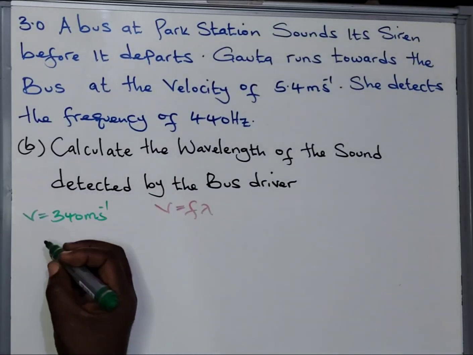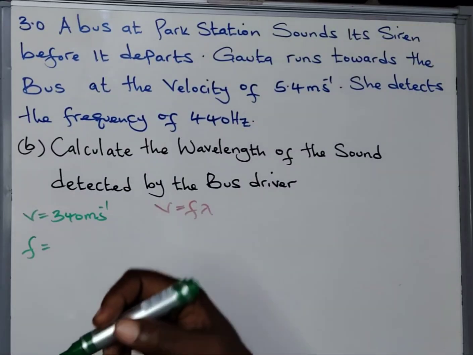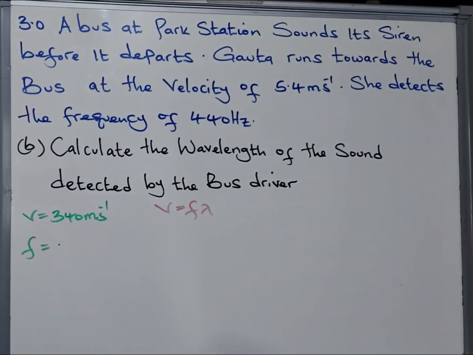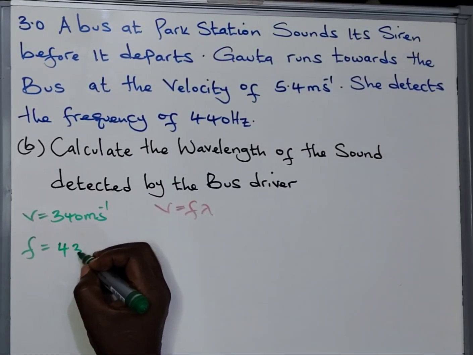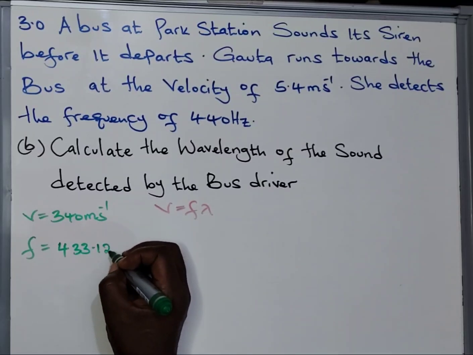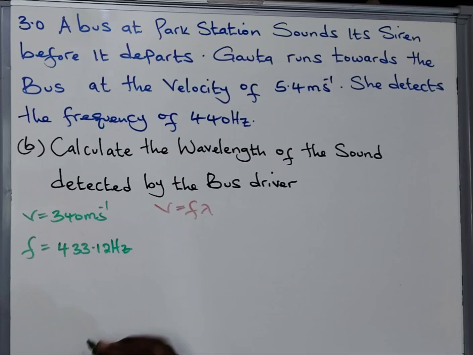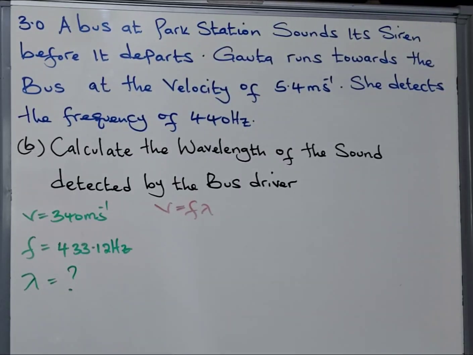We know F, the frequency which is heard by the driver. We calculated it before. It was 433.12 hertz. And we are looking for wavelength, lambda. So what do we do? We substitute in.